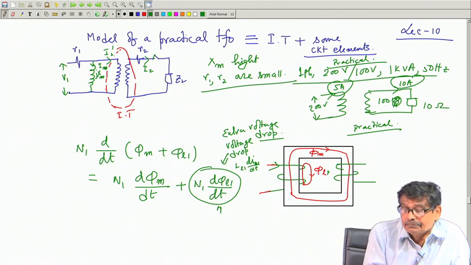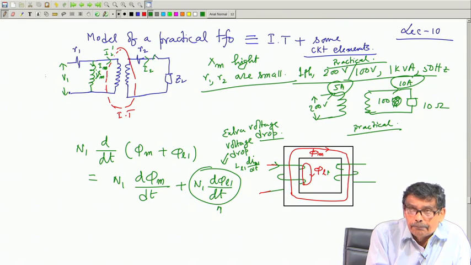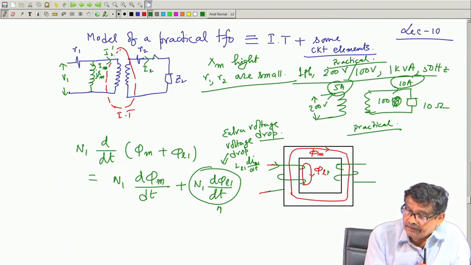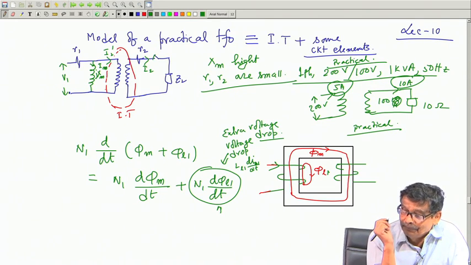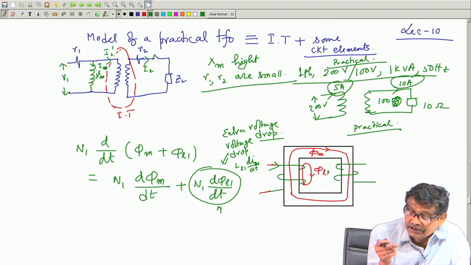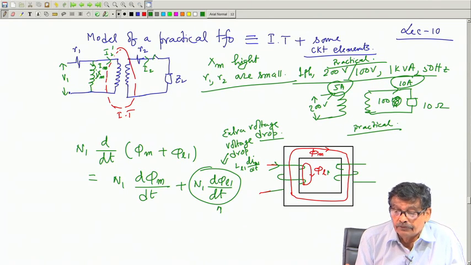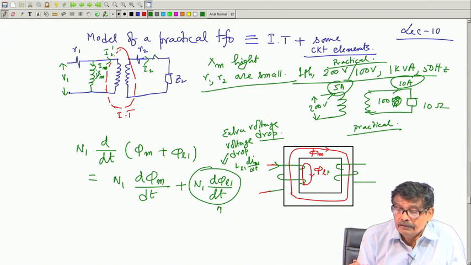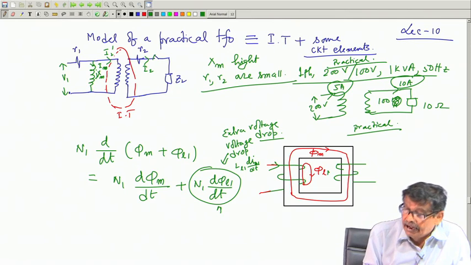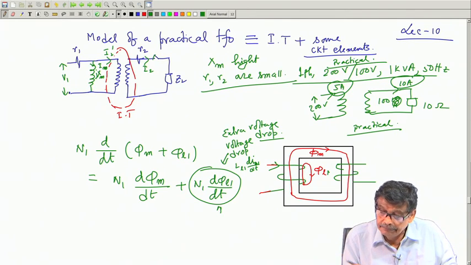In other words, out of this total applied voltage, a portion will be dropped in the small resistance R 1, and there should also be a small inductance drop taking place, and the remaining voltage goes to the ideal transformer, giving you mutual flux alone. So, it should be like this then.